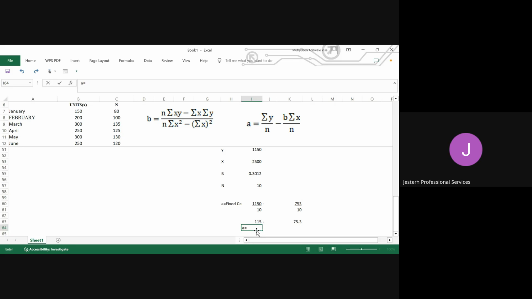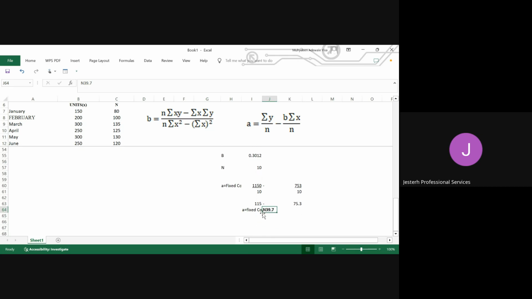our A, which is the fixed cost, will now give us 39. Let me use the Naira symbol. 39.7. If you like, you can approximate it to 40.